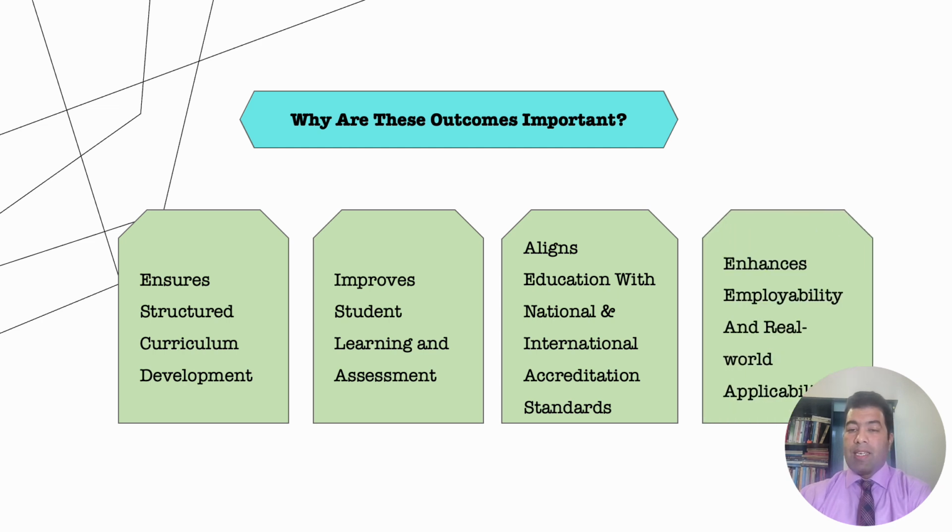They also enhance employability and real world application. For example, a student passing a BS or master's in English linguistics, engineering, or computer science should be prepared enough according to the learning outcome to get employability. He should apply this knowledge and skill in the real field of life. So these learning outcomes are important in all these aspects.